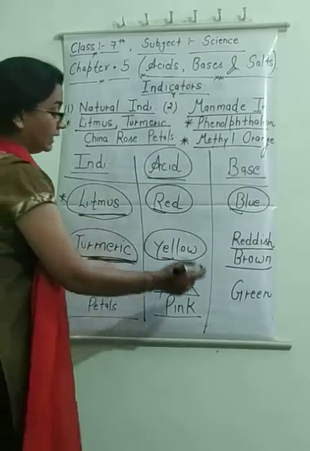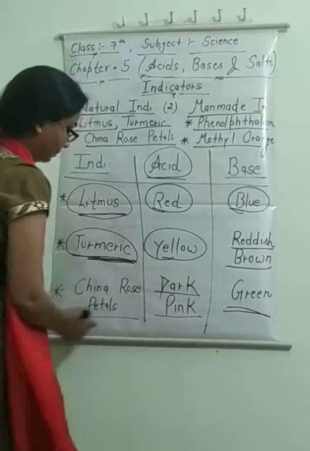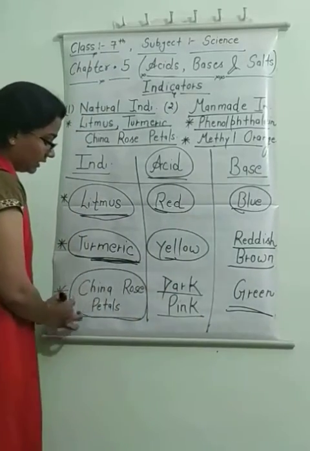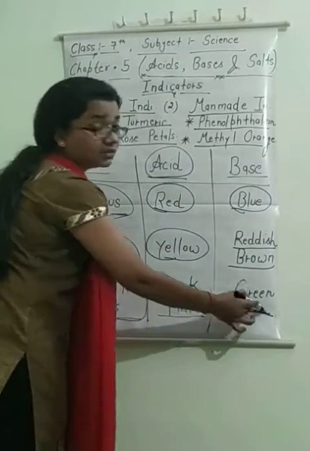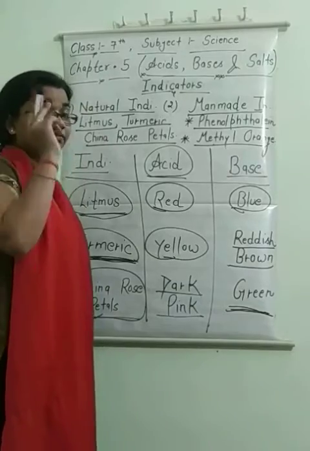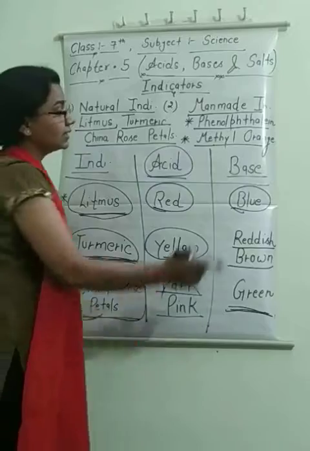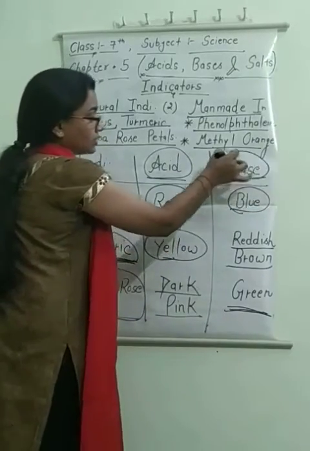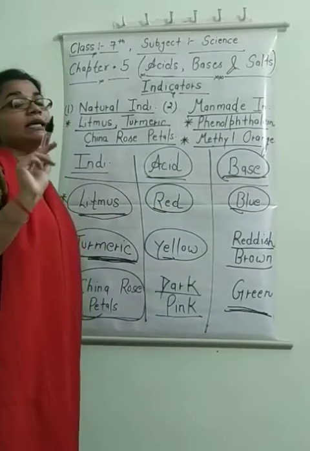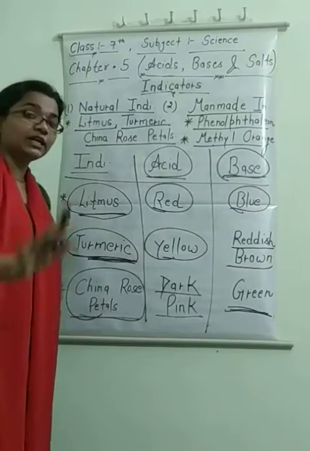And if that pink solution converts its color into green after coming in contact with the second substance, then definitely that substance will be basic in nature. This is very, very simple.